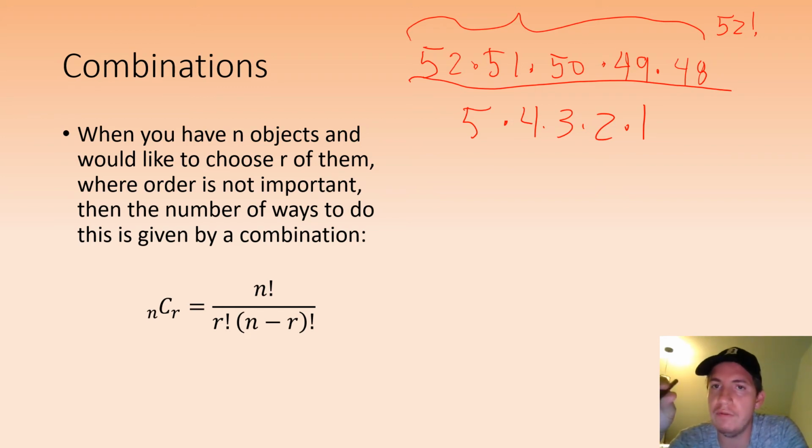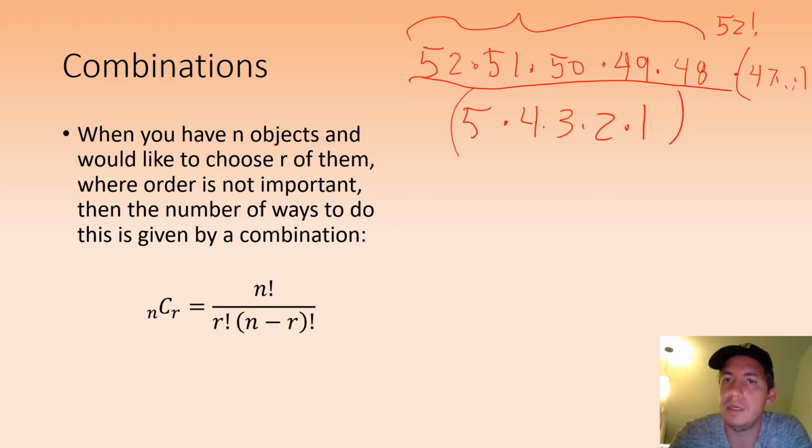Now, 47 is 5 less than 52. What really happened was I would have had 47 down to 1, but I would also have had, if you look at the formula on the left-hand side, this n minus r factorial. I'm choosing r, or 5 objects, from 52.